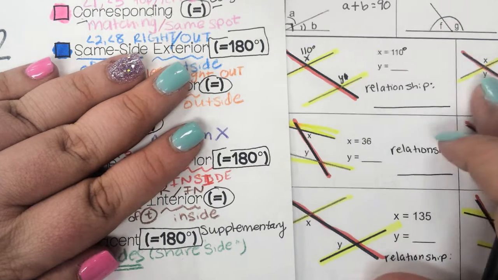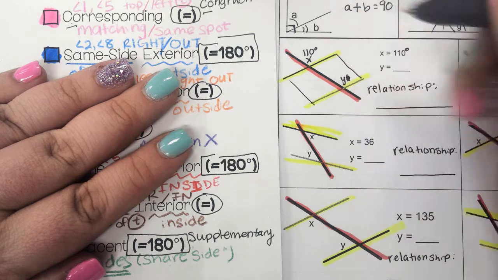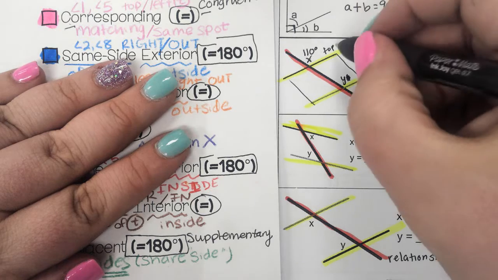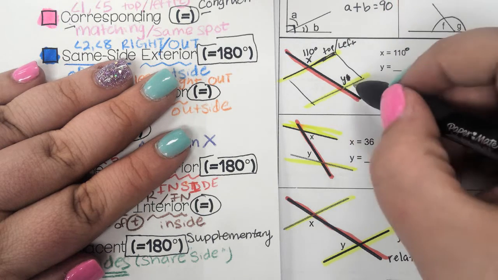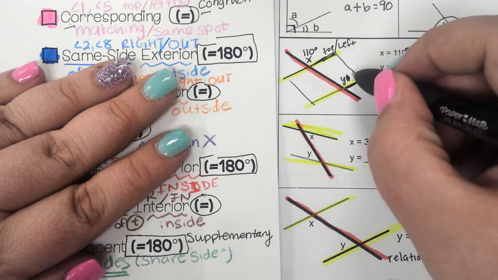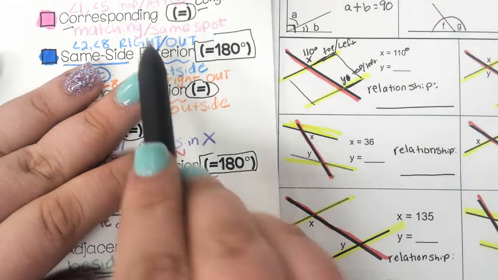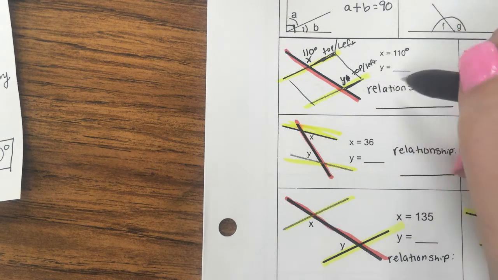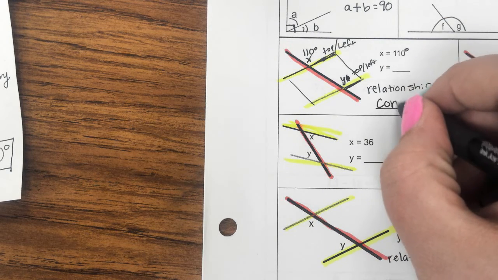And we can check that because if this is my box, right, X is on the top and on the left side of the parallel line. On the other parallel line, Y is also on the top of it and on the left side of the transversal. So they're in the exact same spot or matching spot. So X and Y then are corresponding.